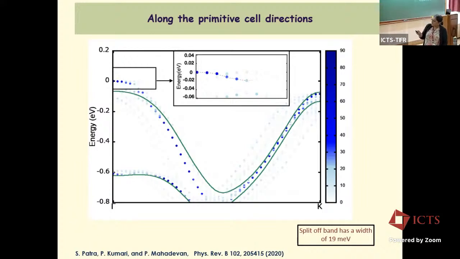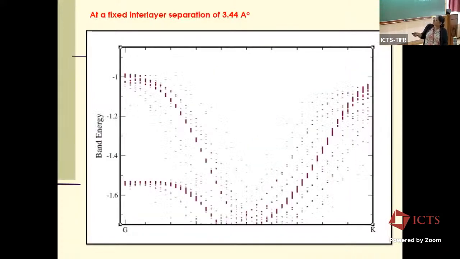This is shown slightly differently: instead of the color coding, we've used the width as quantifying how much the projection is. And you can see that even here we have a flat band separating out from a set of dispersive bands. So essentially, the flat bands seem to be forming over here.